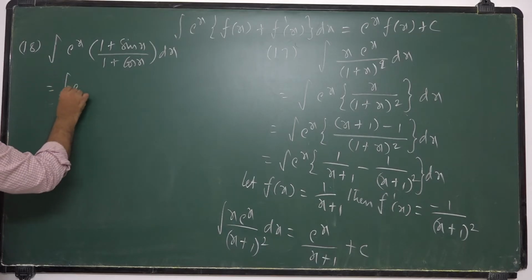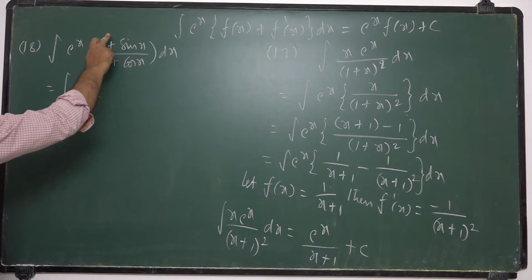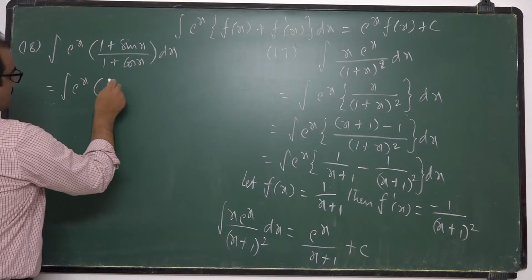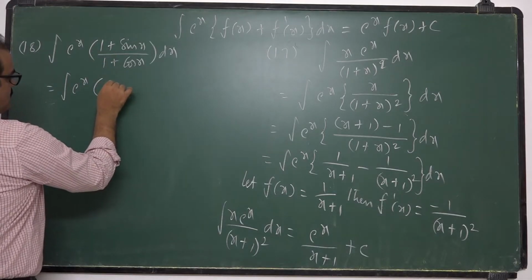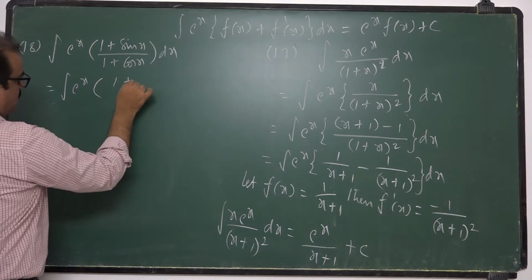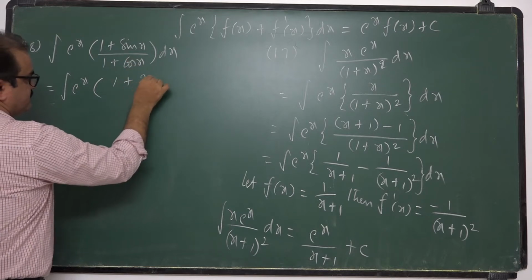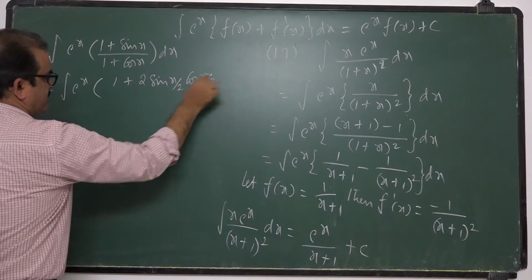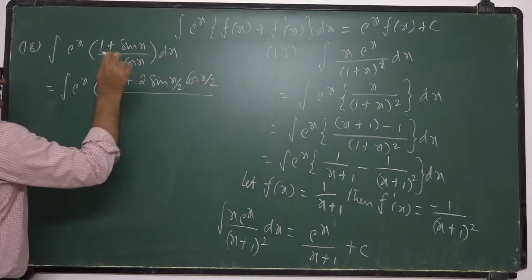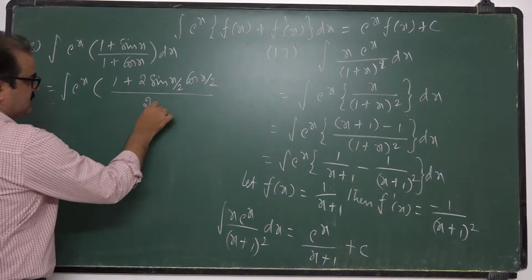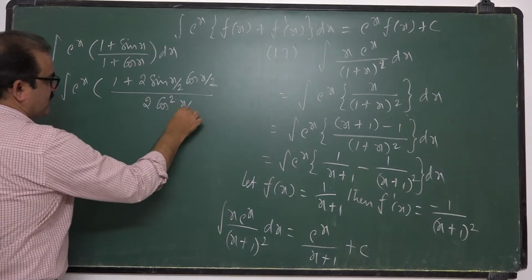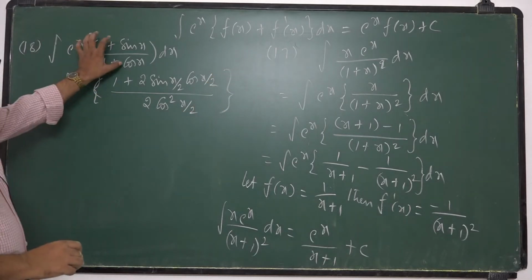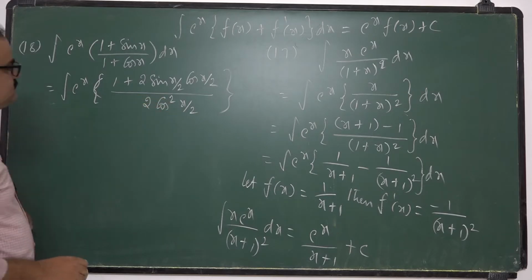This is equal to integral e power x into, you write in terms of half angle. What is sin x in half angle? 2 sin x by 2 into cos x by 2 by 1 plus cos x. In half angle it is 2 cos square x by 2. Write this in terms of half angle.